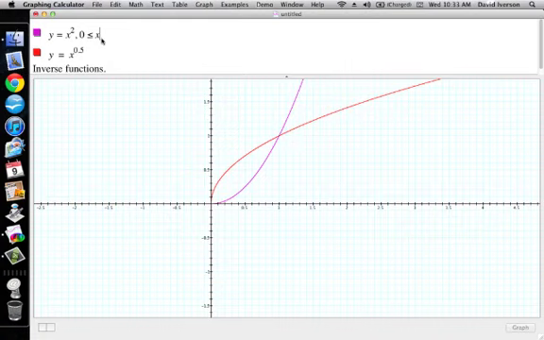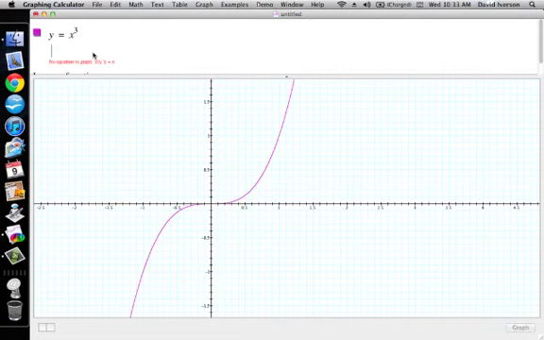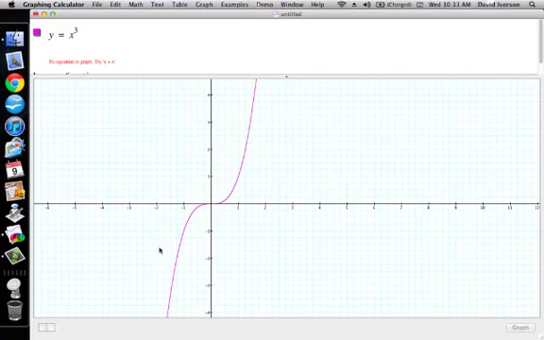The only functions that have an inverse over their entire domain are functions that pass the vertical and the horizontal line test. So this function here passes the vertical and the horizontal line test.